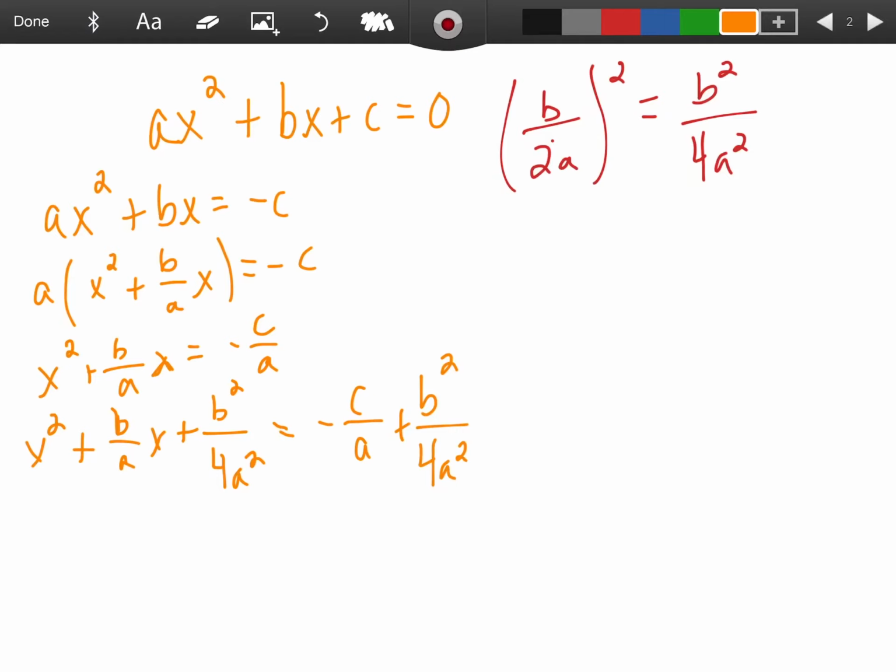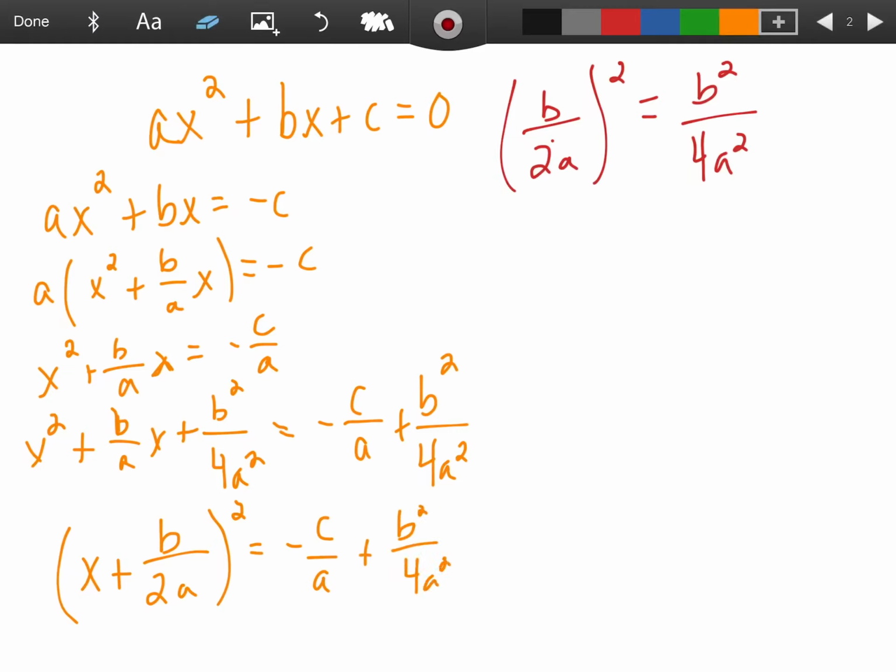Whew, a little tiring there. All right, let's take the left side and let's just write that as a square. So that is now x plus b over 2a squared. And that's equal to negative c divided by a plus b squared over 4a squared.